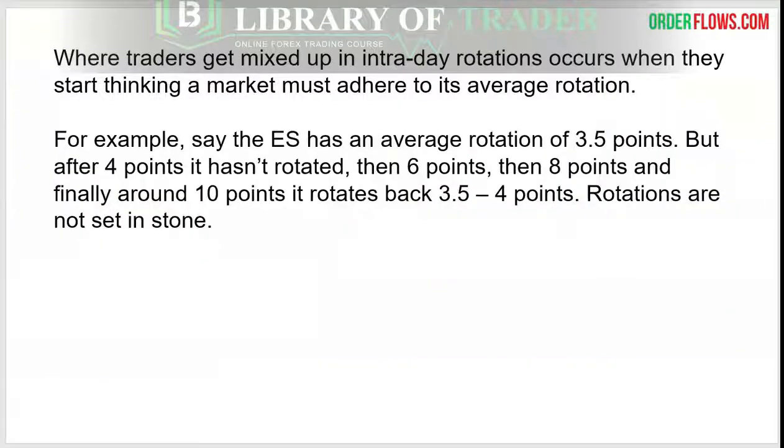And traders get mixed up on intraday rotations when they start thinking a market must adhere to its average rotation. For example, say the E-mini has an average rotation of 3.5 points, but after 4 points it hasn't rotated. 6 points, then it goes to 8 points, and finally it rotates around 10 points, right? Then it goes back to the 3.5 to 4 points. Rotations are not set in stone.